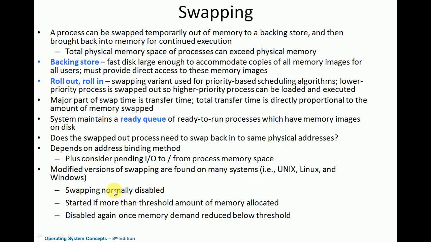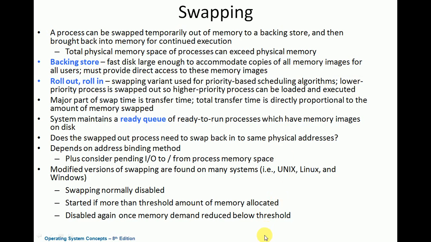So these systems basically disable the swapping option, and it will be enabled only if the memory size or memory utilization crosses a threshold value. In these systems there is some threshold value kept for the main memory.